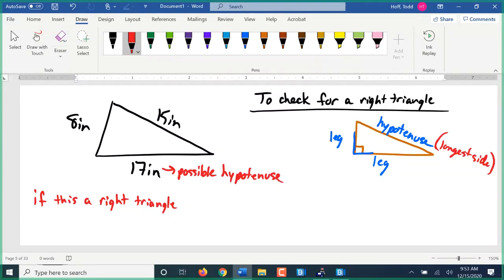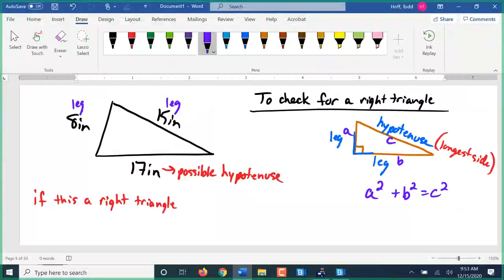But it's the longest side, so if this is a right triangle, that would have to be the hypotenuse, which means this would have to be a leg, and this would have to be a leg. The other thing we know about a right triangle is if I label my legs sides A and B, and my hypotenuse side C, we know there's a relationship. A squared plus B squared equals C squared.